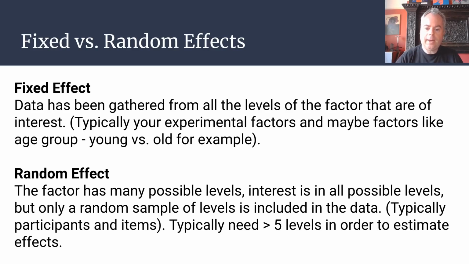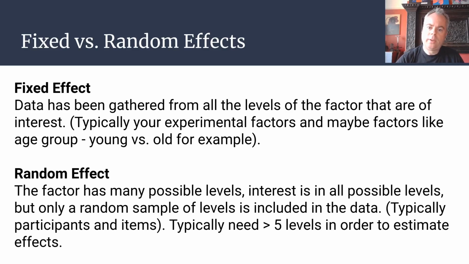Fixed effects are typically experimental conditions in the context of the sort of experiments we might be running, where we have data that has been gathered from all of the levels of the factor that might be of interest. You might have an experimental factor, such as older people versus younger people, and you've got data from both of those levels.